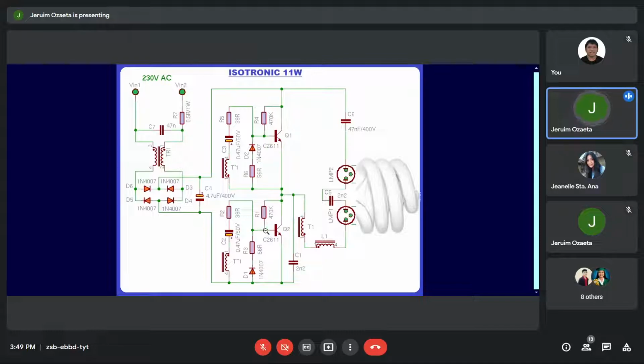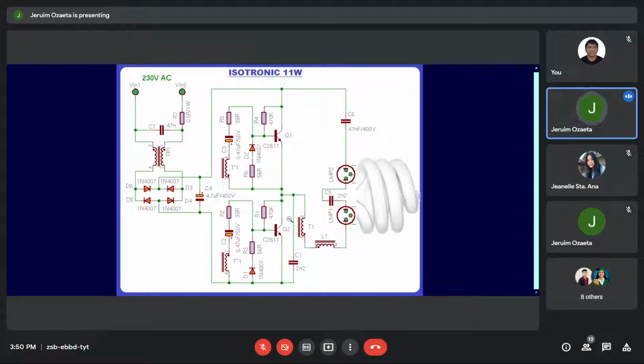Kasi kapag ito nag-conduct na Q2, ito baga NPN. If this is NPN, kapag nag-positive ito, this will short circuit. So this will conduct, this will come instantaneously negative, thereby discharging C1.